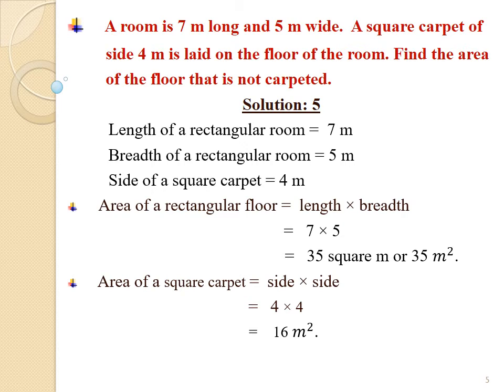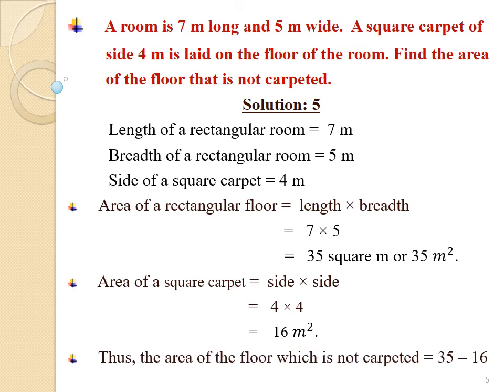Now, let us find out area of floor which is not carpeted. Thus, area of floor which is not carpeted equals area of floor minus area of carpet, which equals 35 minus 16.